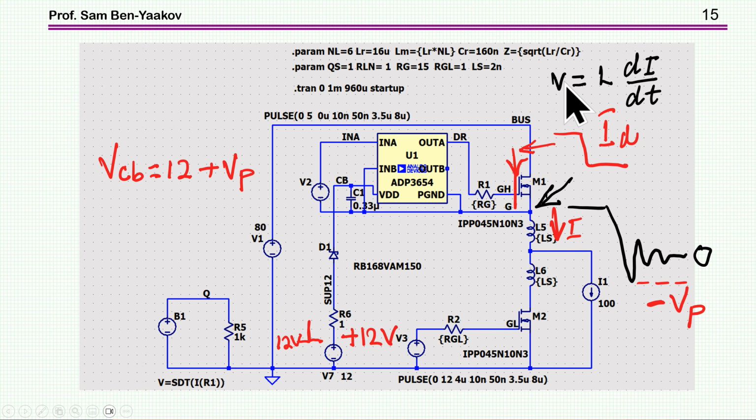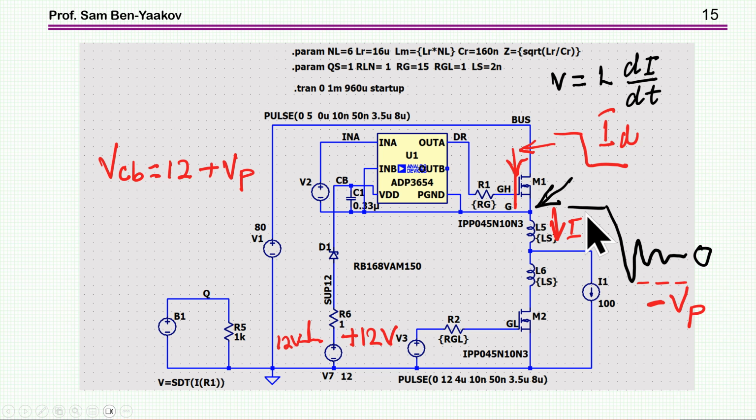we know that a voltage is generated, which is equal to L times the IDT. So the IDT is negative, and here it is, it's causing a negative voltage at this point. So this is the reason for this spike and the harmful effect of it on the Bootstrap.